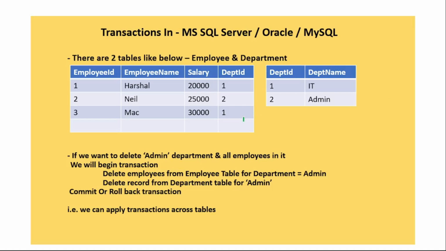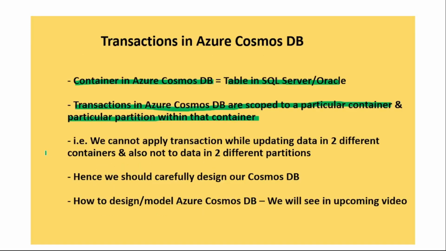In a relational database, we could apply a transaction across multiple tables, but here transactions are scoped to a particular container and partition. That means as part of a transaction, we cannot update data in two different containers, and also we cannot update data in two different partitions.